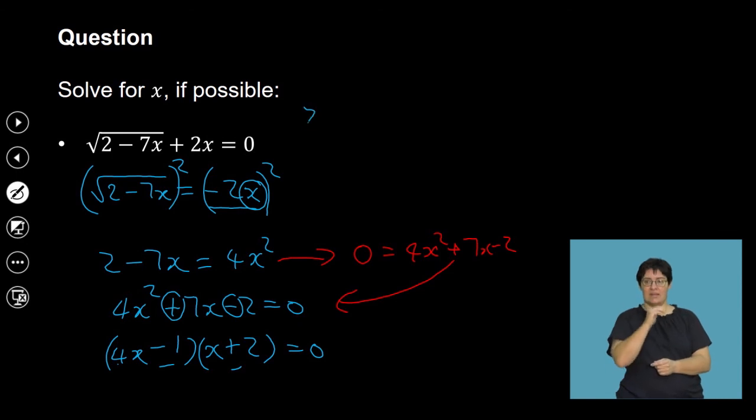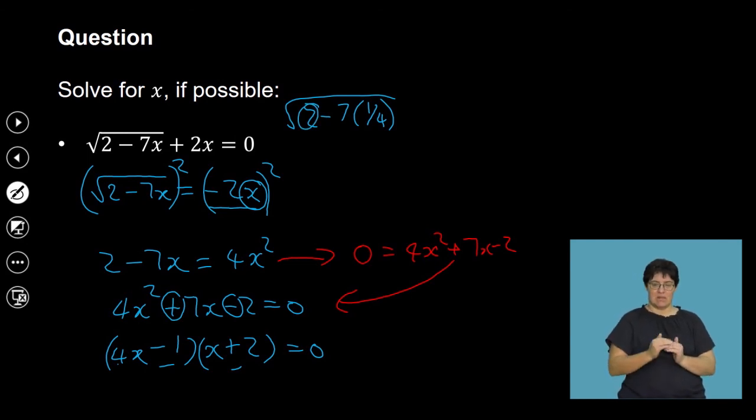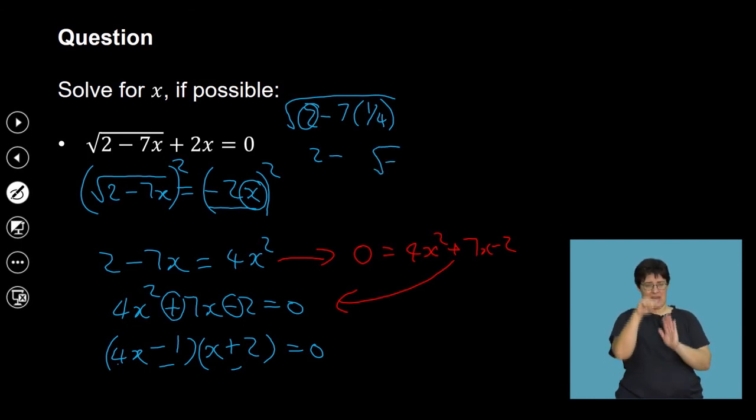So it will be 2 inside the square root minus 7 into 1 over 4. And 7 over 4 is definitely less than the 2 there. Greater than the 2, I mean. So 2 minus a number that is greater than it will then give me a square root that is negative, which is not defined.